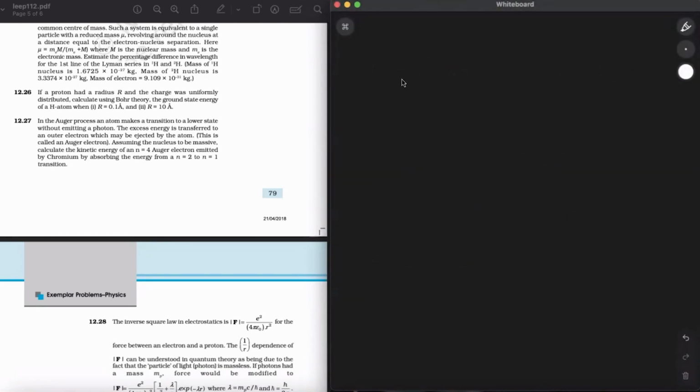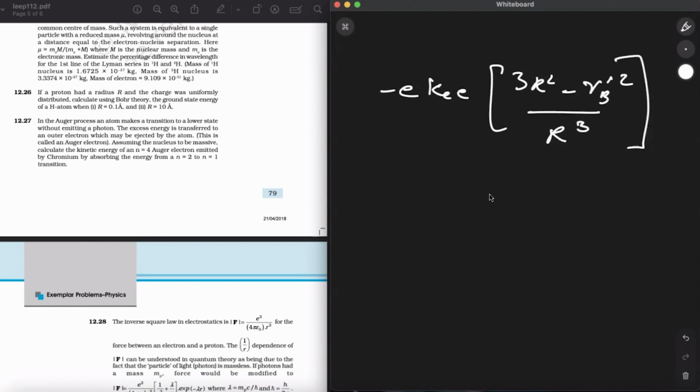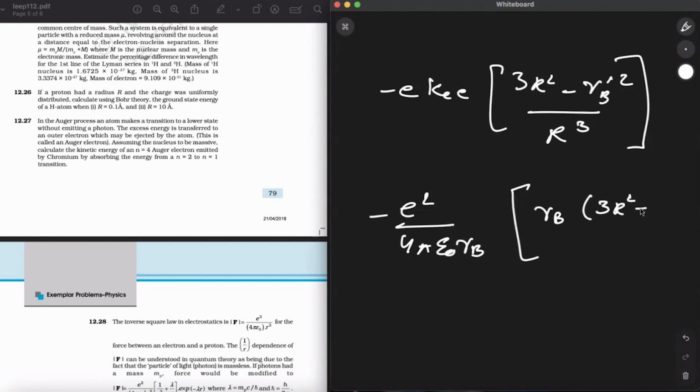So just writing for the potential: minus e k e 3R square minus RB dash ka square whole divided by capital R ka cube. Alright. Now e square upon 4 pi epsilon naught RB minus mu RB, 3R square minus RB dash squared whole divided by R cube.